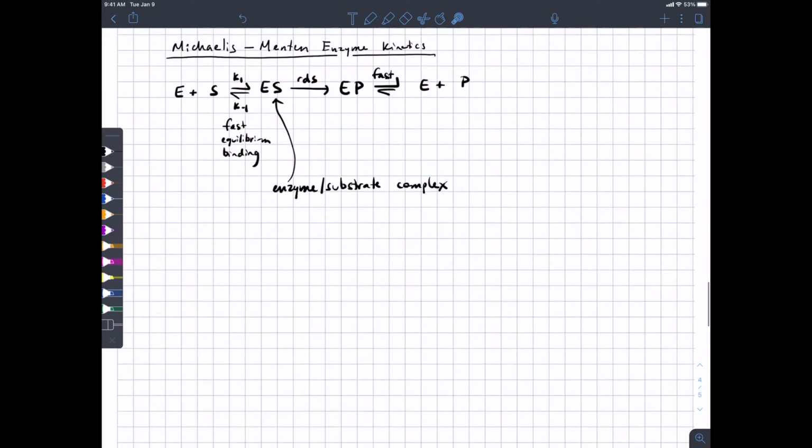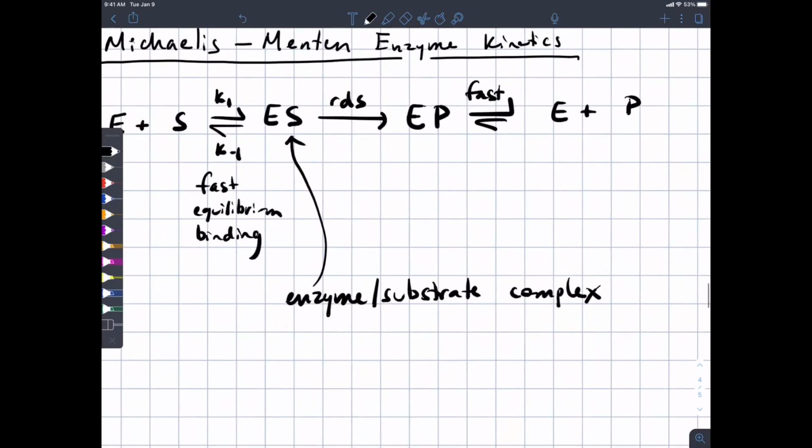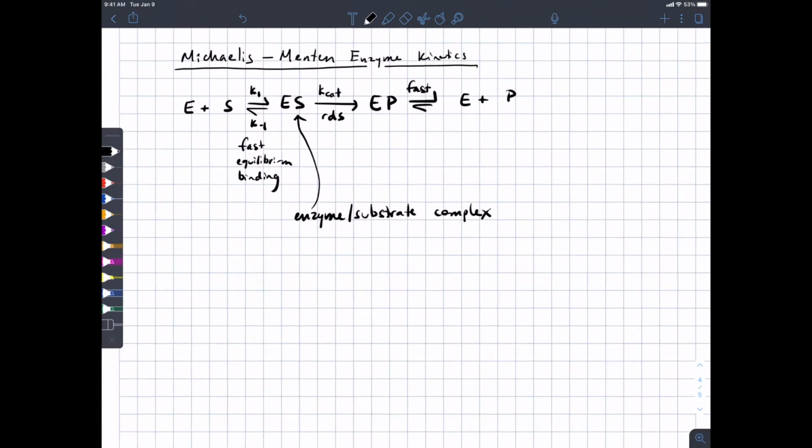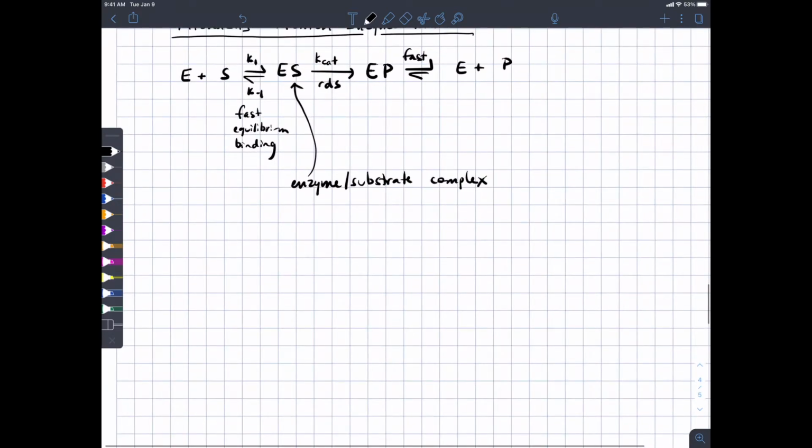And we will say that the rate constant for conversion of the enzyme substrate complex to the enzyme product complex is something called Kcat. It's a unimolecular rate constant, the rate of catalysis.